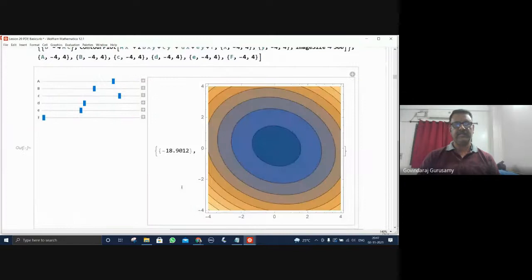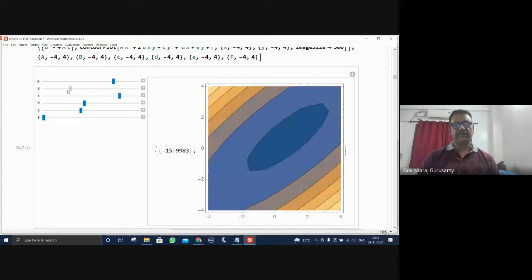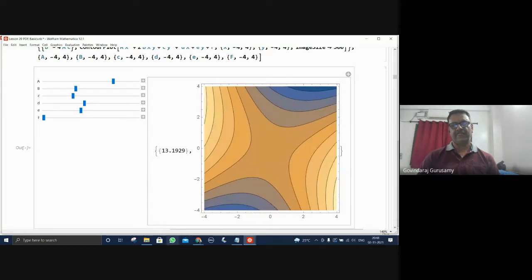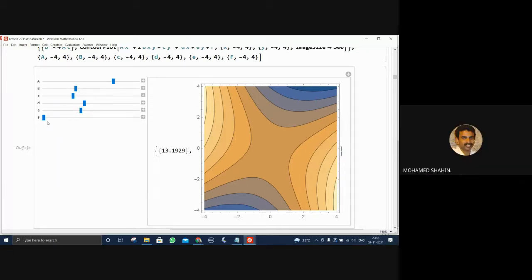And you can see here another condition. This is my positive, a negative value. If you go to positive, you can see here, what is this equation? This must be hyperbola. Yeah, hyperbola.